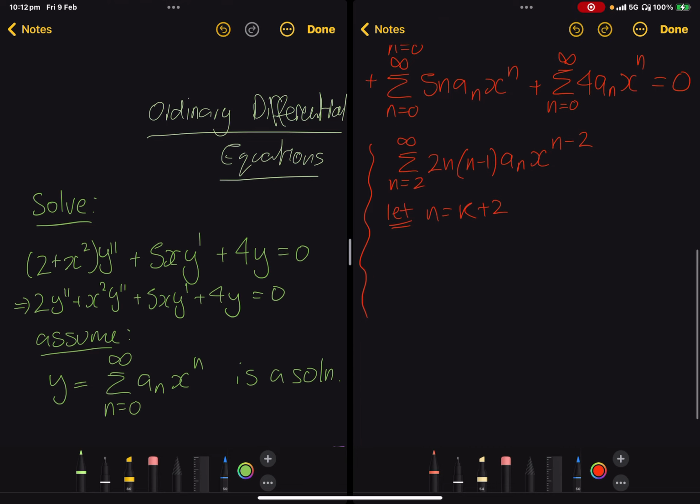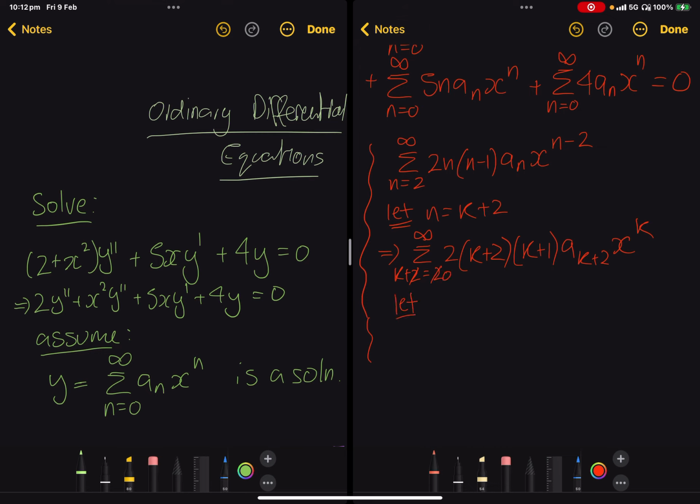So this gives us the sum from k + 2 = 2 up to infinity of 2(k + 2)(k + 2 − 1), which is (k + 1), times a subscript k + 2, times xᵏ⁺²⁻², which is k power. These 2's will cancel, so this will be k = 0.